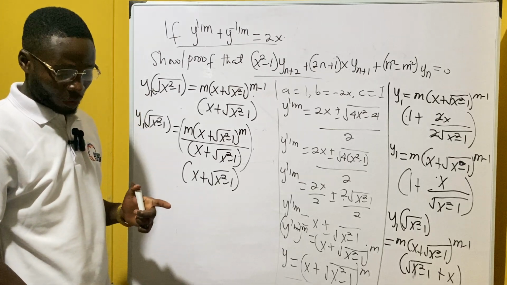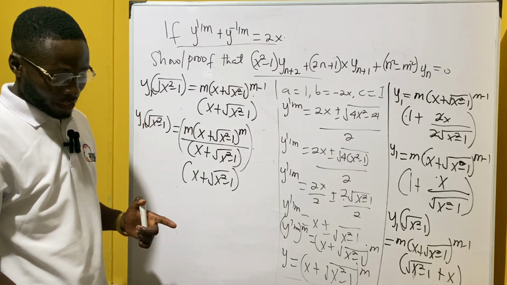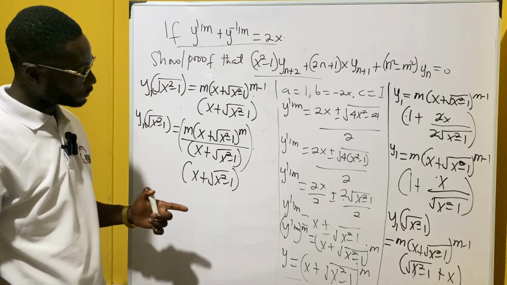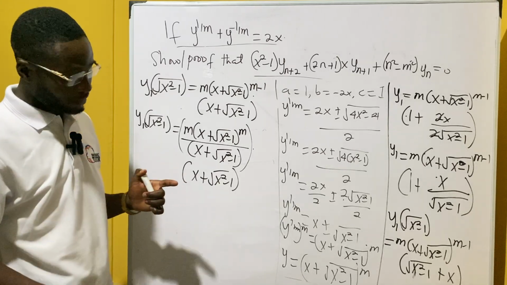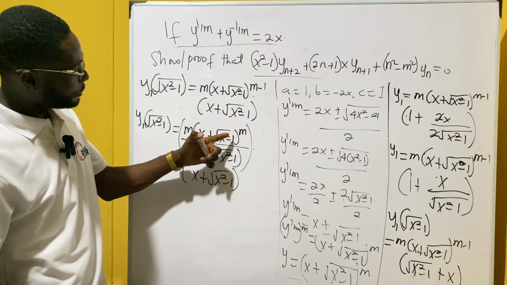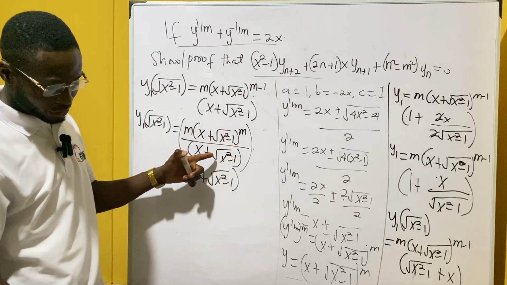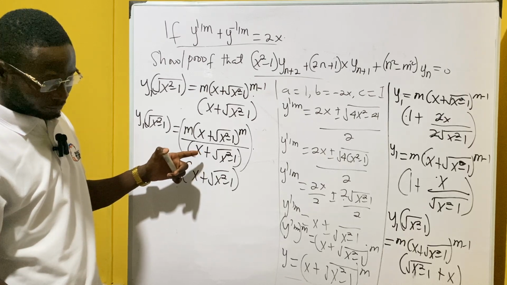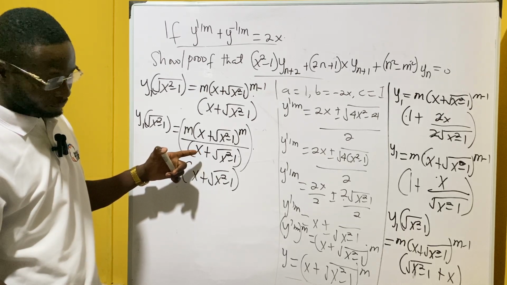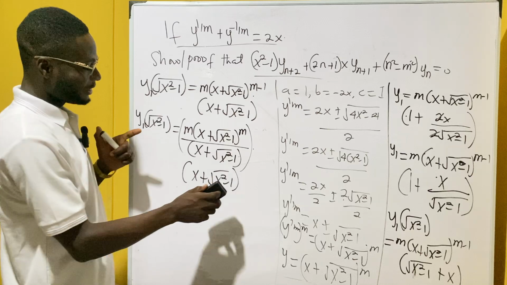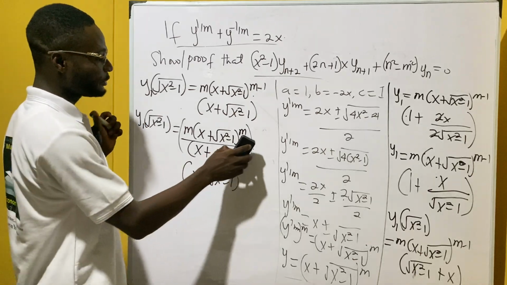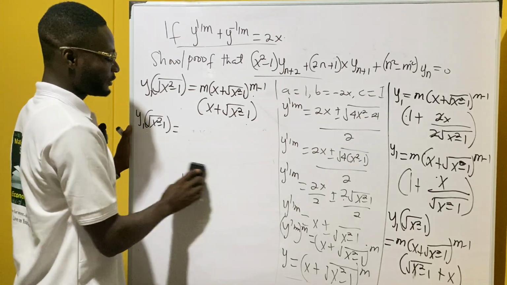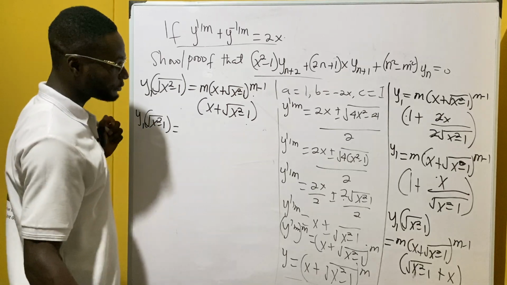So what we do next is that we have to consider this part. We have to treat this part very well. Right, so we got a clue. So let's continue right from here.